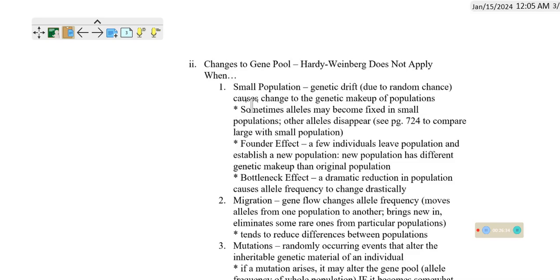And it doesn't apply in small populations. Genetic drift will cause changes to the genetic makeup of populations. And this is just in a really small population.